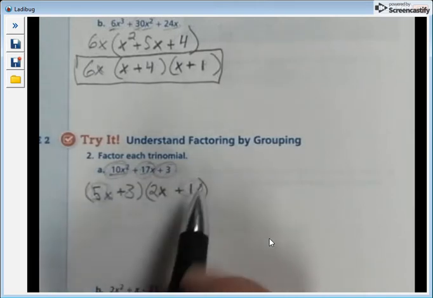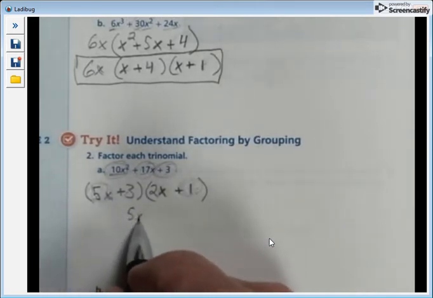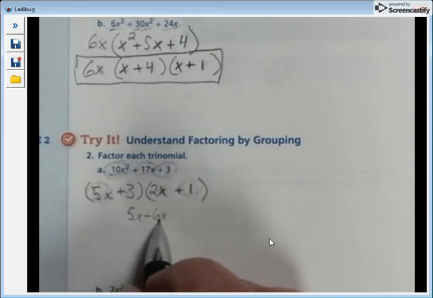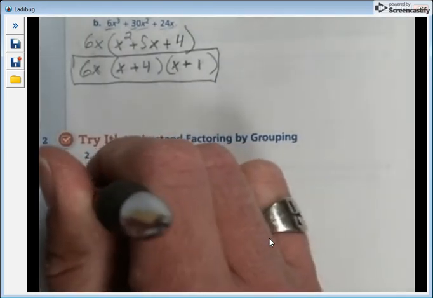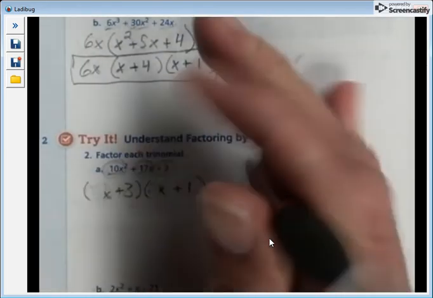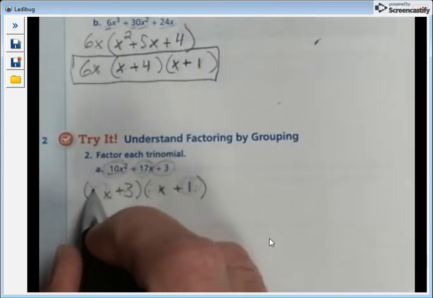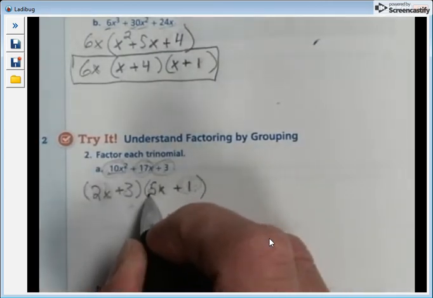So 5 times 1 is 5, and then 3 times 2 is 6. 5x and 6x does not give me 17x. So it can't be 5 and 2.